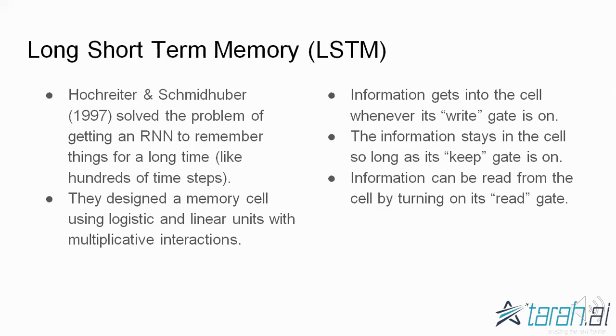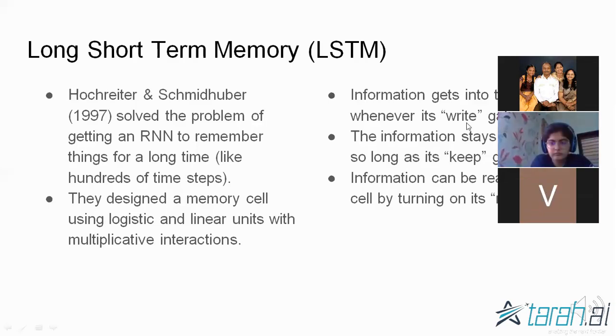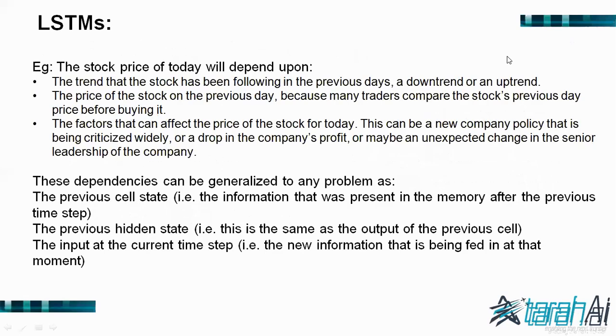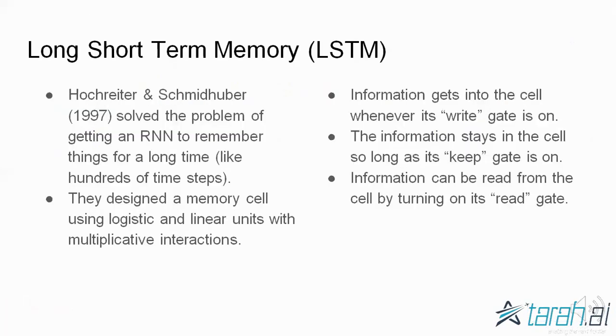At the highest level, think about 3 phenomena which the cell has to perform. One is you should be able to get the information into the cell, which is what we call writing to the cell.